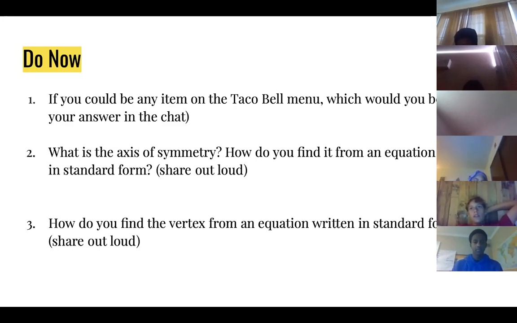You find the vertex of an equation by you use the axis of symmetry for the x value, and then for the y value, I forgot. What do you use for the y value? You got to plug the axis of symmetry back into the equation. Good job. Any questions about 2 or 3?